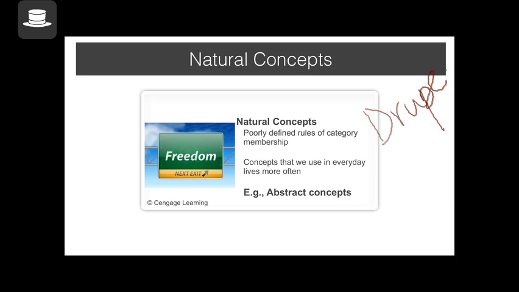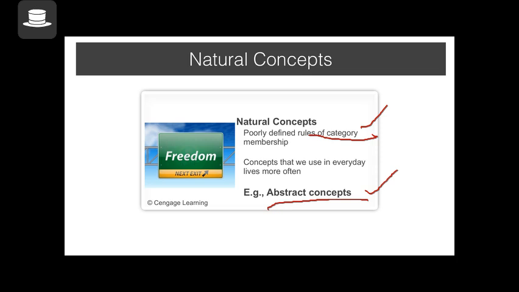The idea is that the way you use the representation of an object may have real rules, then it's a logical concept, or it may have fuzzy rules, then it is a natural concept. All abstract concepts, or most of the abstract concepts, are natural concepts. The rules are not really clear.